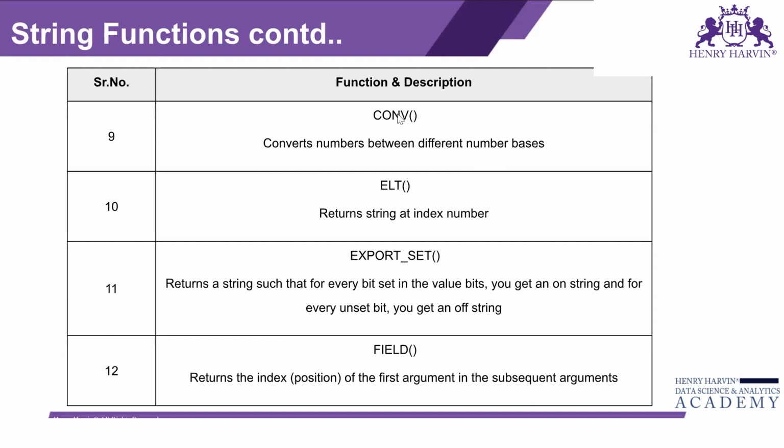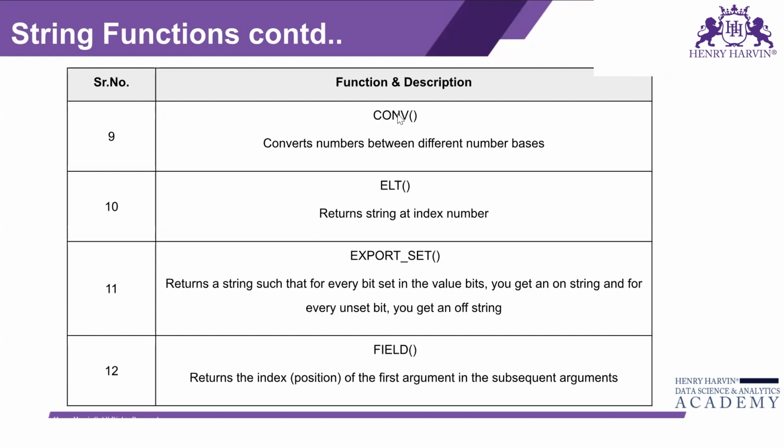Then of course we have got the ELT, which will return the index number. Then we have got the export set. Basically, it will return a string such that for every bit that is set in the value bits, you get an on string, and for every unset bit, you get the off string.